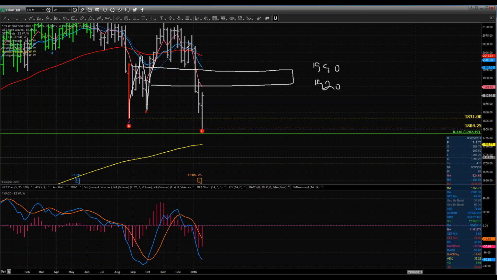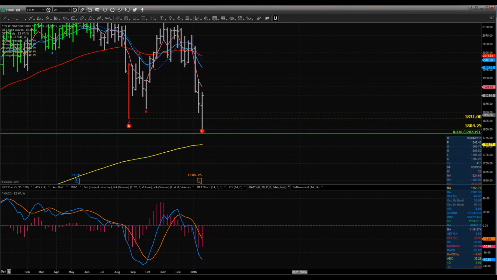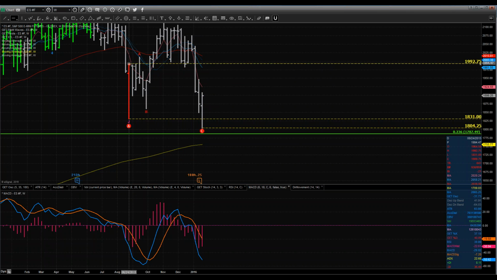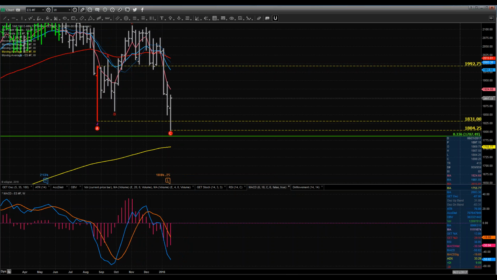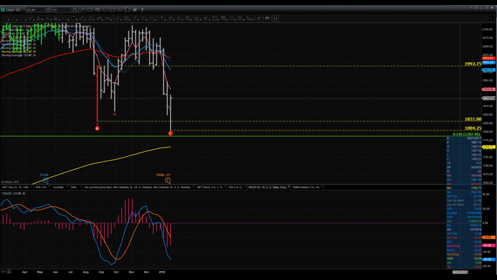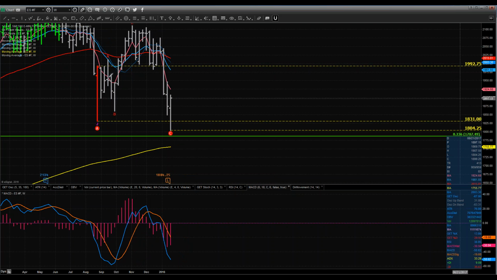If I were to draw some key areas on the chart, I would see up into this area right there, 1992, is a very good snapback rally mode. And that's where I could see us running up to. We're going to have some fits and starts, but I can see us running up into that mode.